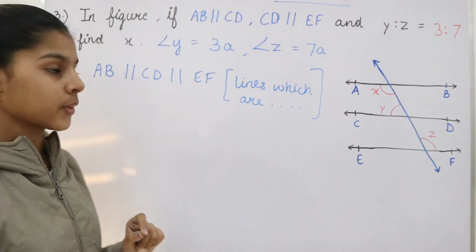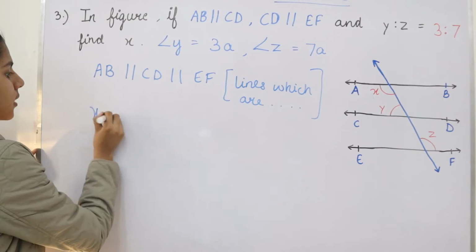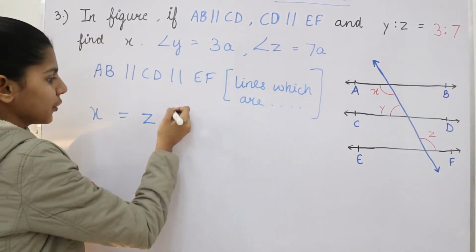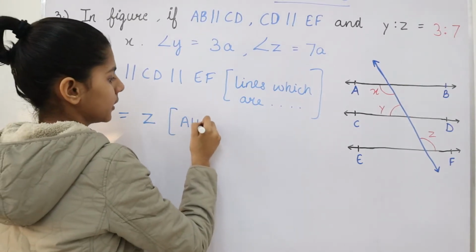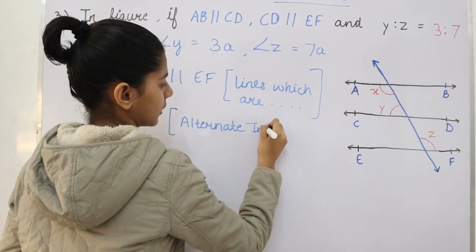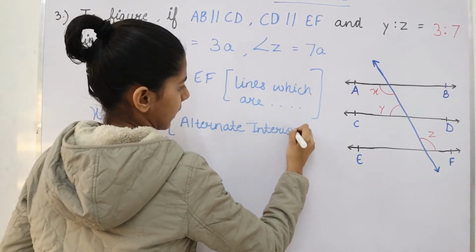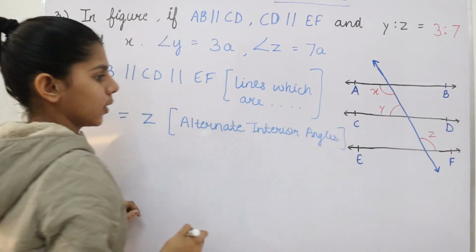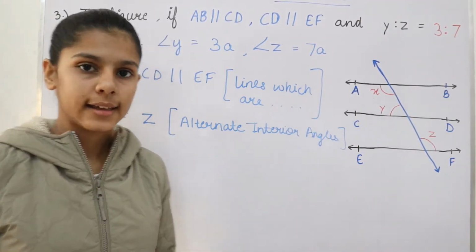So angle X will be equal to angle Z, by which property? By the alternate interior angles property, because they are alternate interior angles.